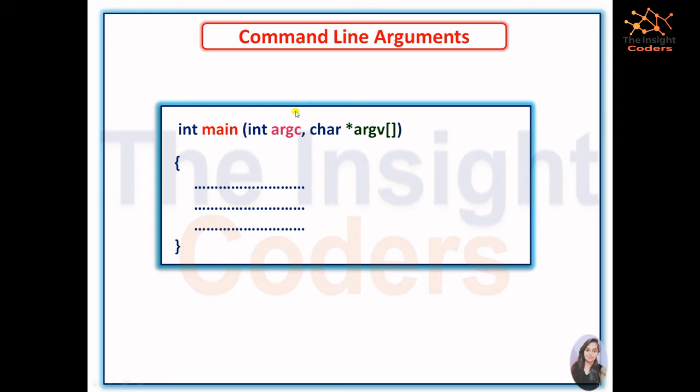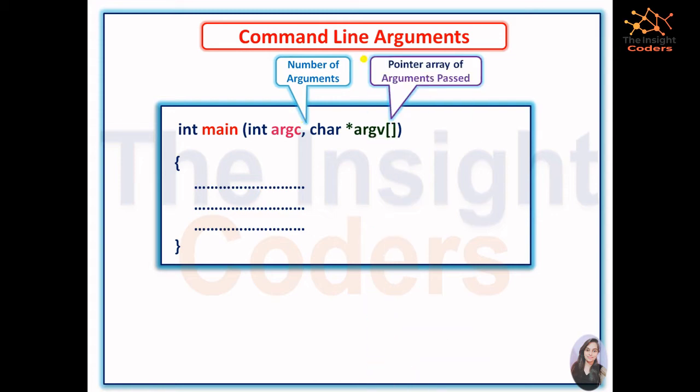The very first is an integer, argc. You can name it anything, but by convention it is named argc, and the array is named argv. The first one is the number of command line arguments that you will provide. And the second one is basically the pointer array of arguments passed.